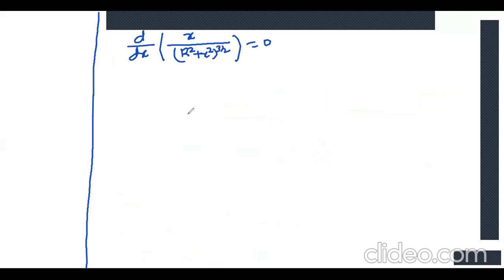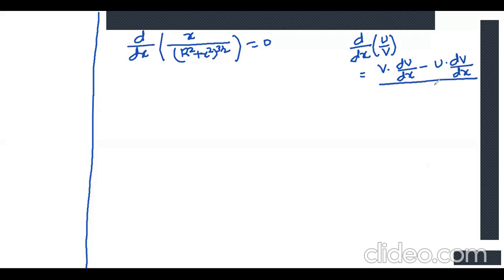Since numerator and denominator both are functions of x, and it is in the form u by v, d by dx of u by v is v into du by dx minus u times dv by dx, upon v square. So v square means r square plus x square whole cube.